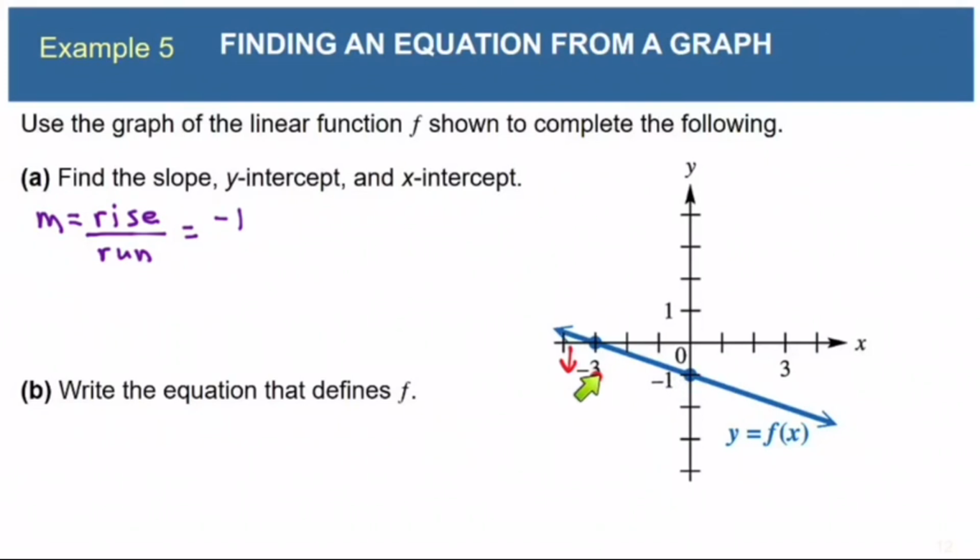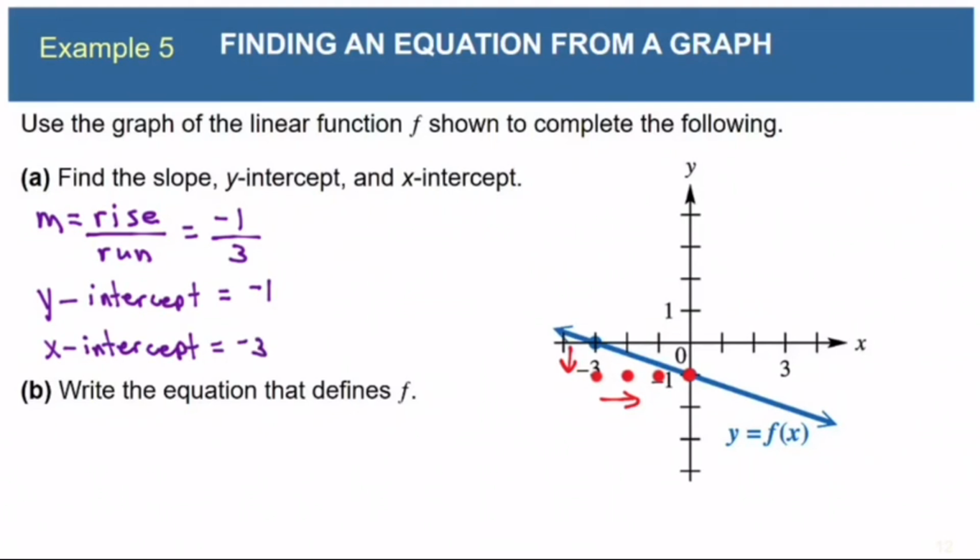So from here I have to go 1, 2, 3. And so the run is +3. And our slope ends up being -1 over 3, or we could say -1/3. Now we also, from these 2 points, we can get the x-intercept is -3 and the y-intercept is -1.